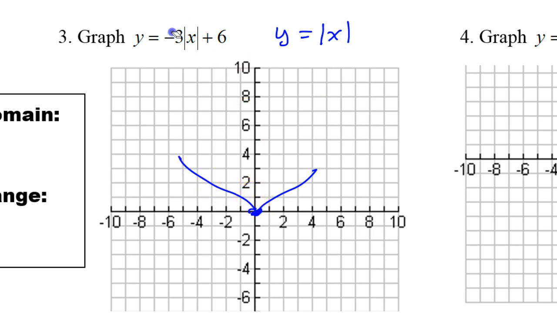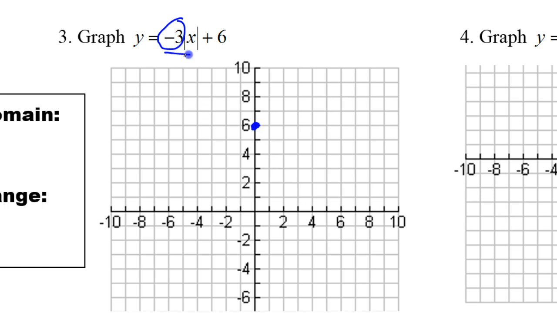So when we think in terms of transformations, this plus 6 on the end means up 6. So instead of being at the origin, my vertex is going to be here. And again, I know this is an upside down V, so it's going to go from here. Specifically, I can use this -3 to find the right-hand side. Treat it as the slope.